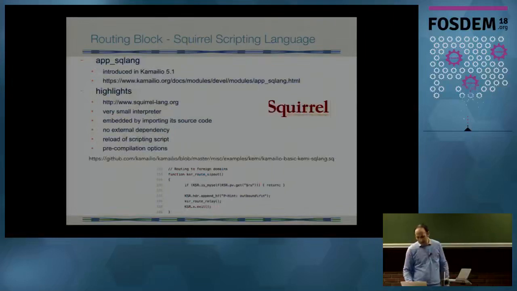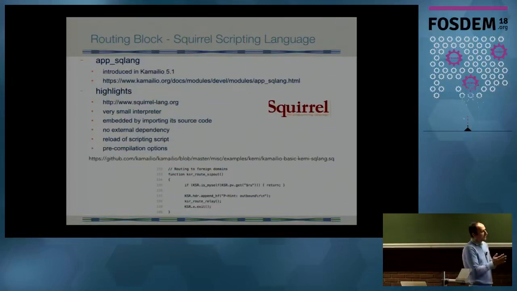And the last one I have implemented is Squirrel, which came more or less from splitting from Lua, because Lua is a bit loose in terms of the grammar for the language itself, and this developer, more or less the one main developer, tried to have a more strict scripting language. It's quite fast as I tested, but in terms of extensions and the structure of the language, it's also quite limited because it's not that popular.